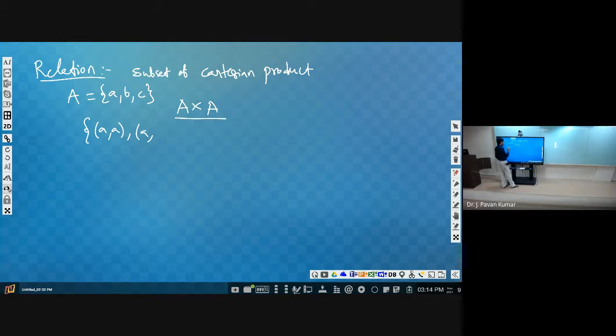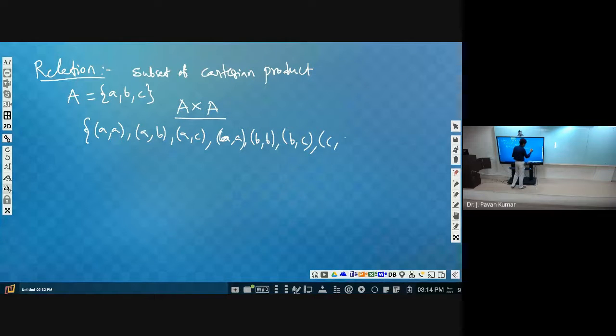A is related to A, A is related to B, then A is related to C. Next, B is related to A, B is related to B, then B is related to C. Similarly, C is related to A, C is related to B, C is related to C. Okay, this is the Cartesian product.